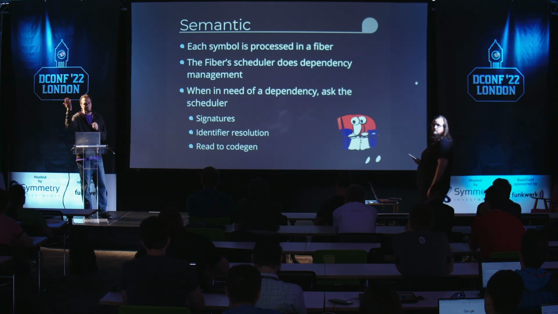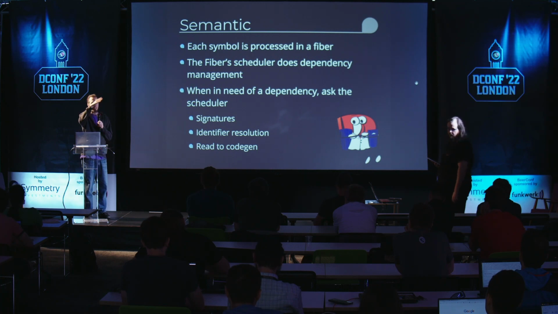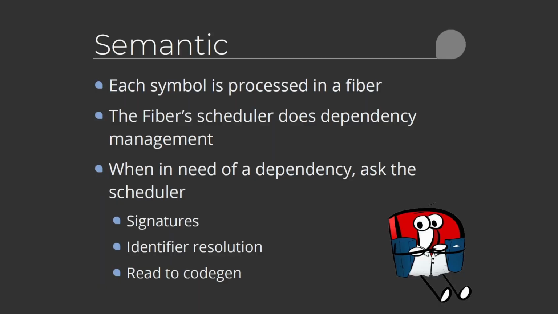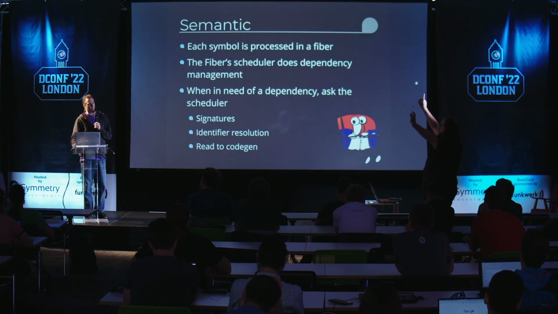As a result, you have an implicit dependency graph in your source code between all your symbols. It's not explicit. You cannot discover it ahead of time, so you can build giant complex machinery, or you can have a fiber per symbol and have the scheduler schedule the fibers, and if you need another symbol to be resolved, you ask the scheduler, hey, I need that other symbol, and the scheduler schedules the other fibers, and it all works like magic.